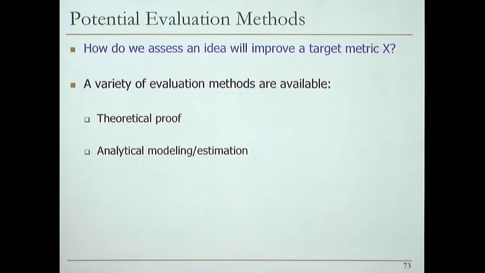Of course, you need to verify that analytical model somehow so that you can trust it. But this is actually done as an architect a lot. It's very hard to prove that an idea will work, and we will discuss why. But a lot of people do this analytical modeling very quickly to decide which very high-level ideas to potentially explore. It doesn't work with every idea, of course.